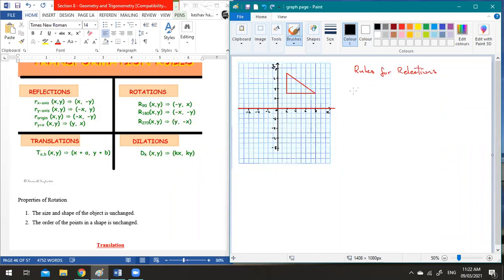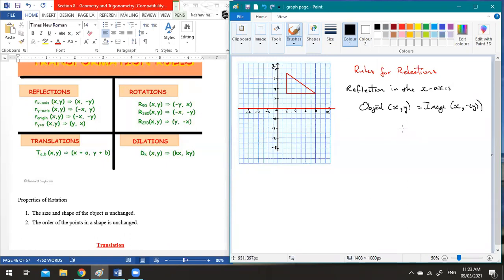Rules for reflection. Sorry, reflection, that's not an R. So if the object, right, has points X and Y, the image would have points X, -Y.